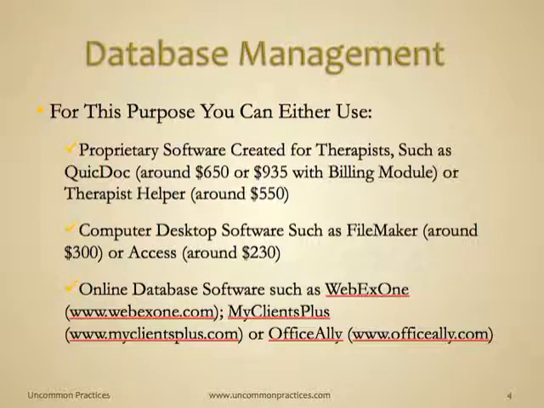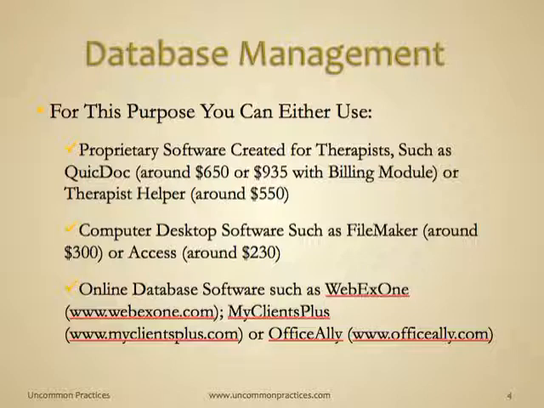So let me give you a couple of examples. There's some proprietary software that's exclusively created for private practice, such as QuickDoc. It's pretty pricey, about $650, and then even more if you have the billing module. Therapist Helper is also $500 or $600. Computer desktop software is cheaper.